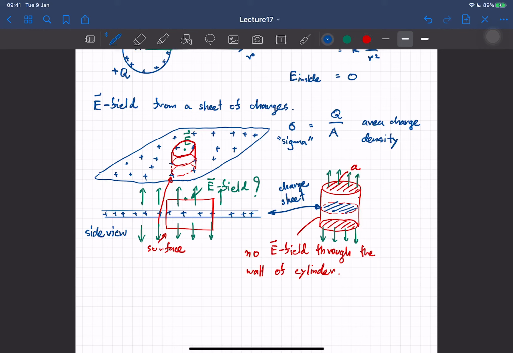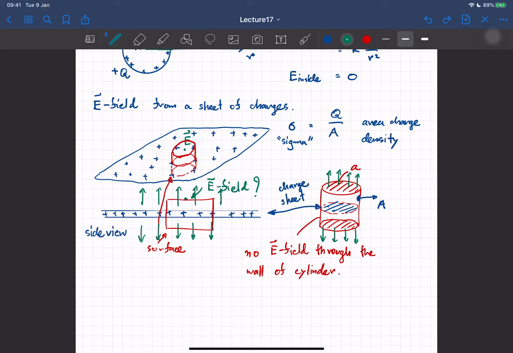Because the area vector of the wall is pointing sideways. No matter where you are on the wall, if you are here, area will point that way. If you are here, then area will point that way, right? But no matter where you are on the wall, it's always going to be perpendicular to the electric field, because the electric field is always either pointing up or down.